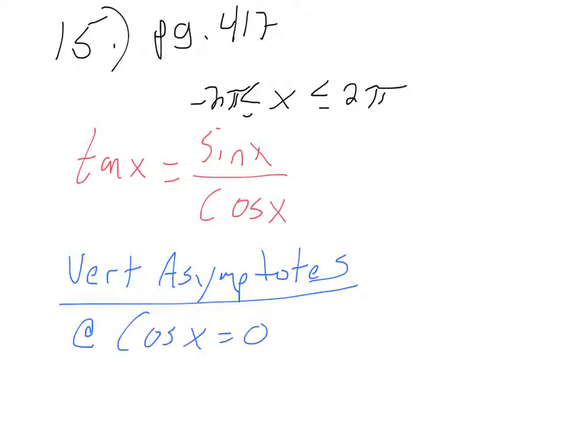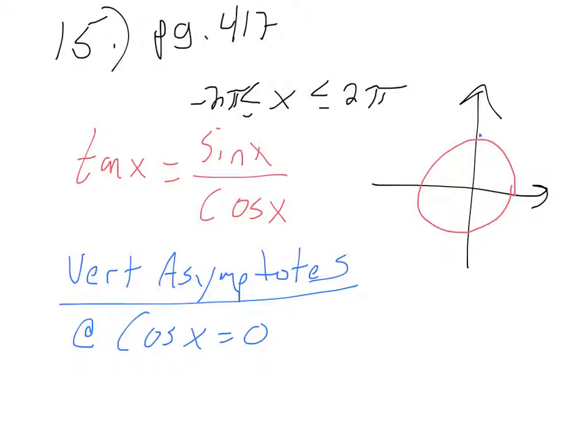And so if we're thinking about the unit circle, cosine x is going to equal 0 when the x-coordinate on the unit circle is equal to 0, which happens at this point and at this point, right? So at 90 degrees and then 270.